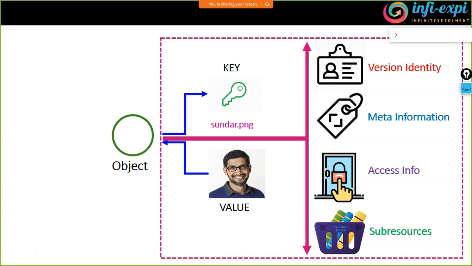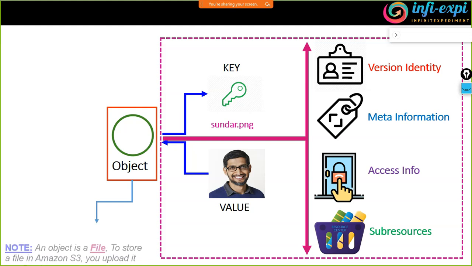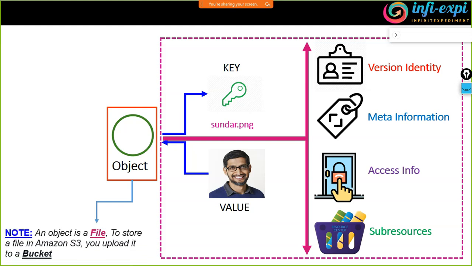Now, this is one group. What you're seeing right now is one group, and you have all the elements in it. You have the key, you have the value, and you have the other information on the right-hand side, which is more relevant to the object: the metadata, access info, and so on. Everything is collected and available as an object, and this object is considered a file.